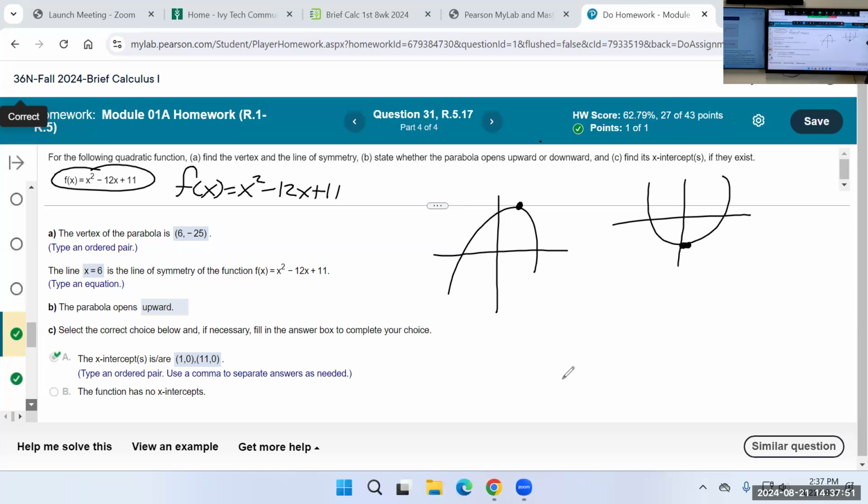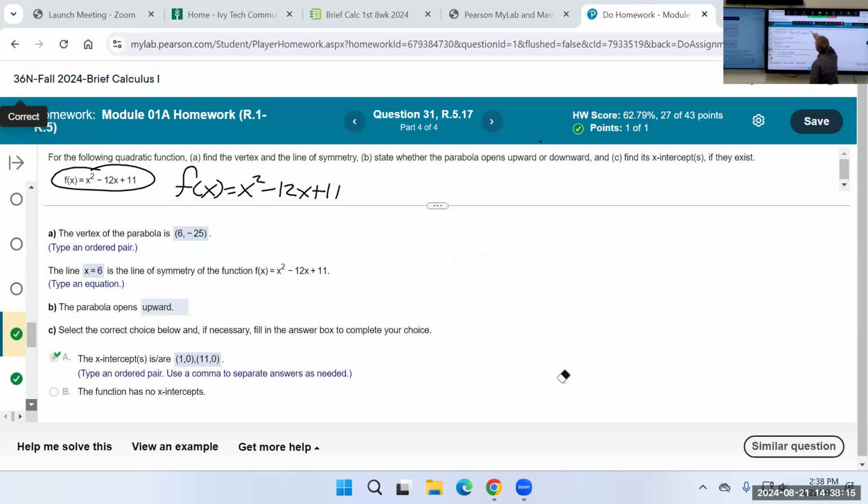That's visually what it is. If I threw the pen up in the air and it made a parabola, the vertex would be the highest point the pen made. So it's either the highest point or the lowest point.